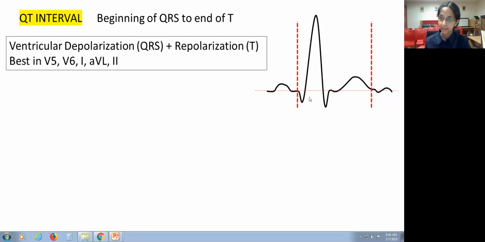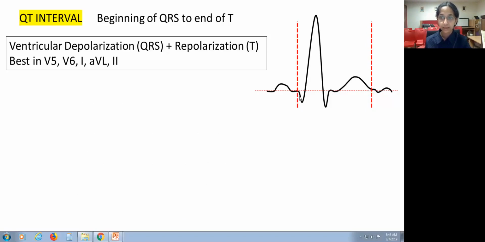So here we can see it includes the QRS complex, it includes the ST segment, and it includes the T wave. So it's a combination of ventricular depolarization with repolarization. It's a combined activity. This is the single interval in the ECG which defines the whole ventricular activity.